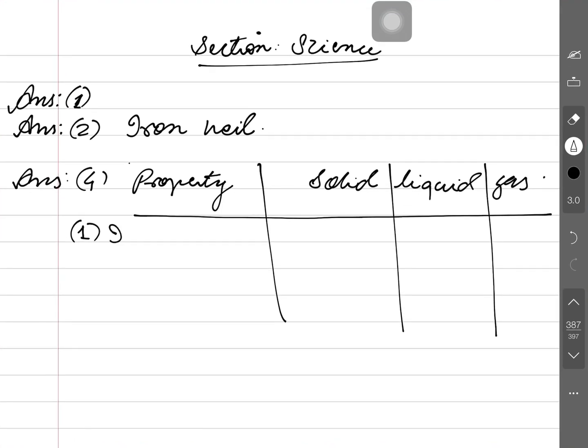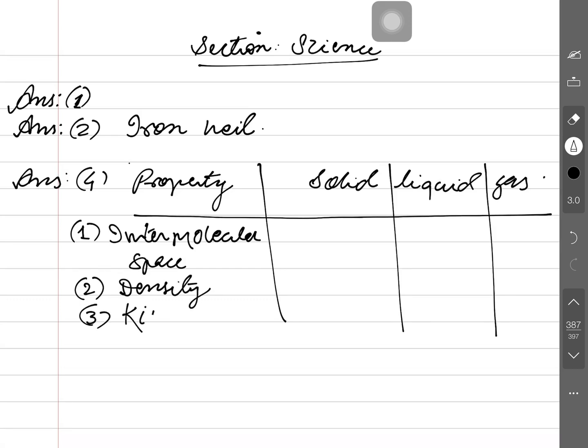Intermolecular space, next is density, next is kinetic energy, and next is diffusion.